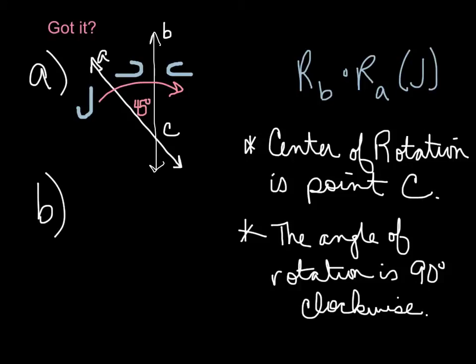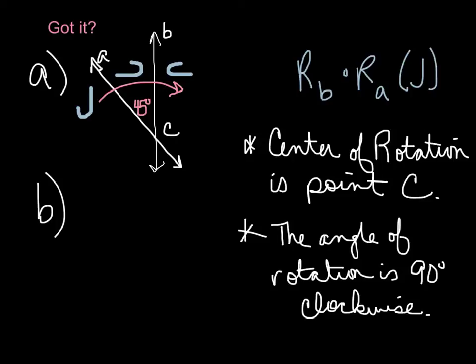Part B then asks, use the results in part A. We then have to make a conjecture about the center of rotation and the angle of rotation for any rotation that is the result of any composition of reflections across two intersecting lines. Sounds like a lot. Let me just tell you, here's what it is.